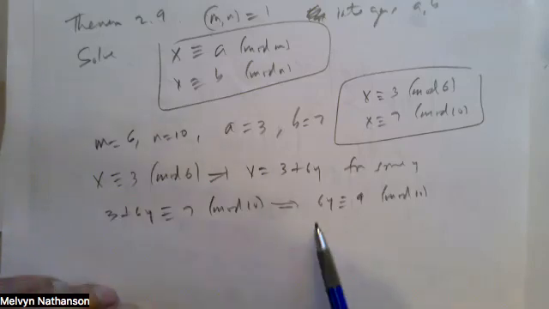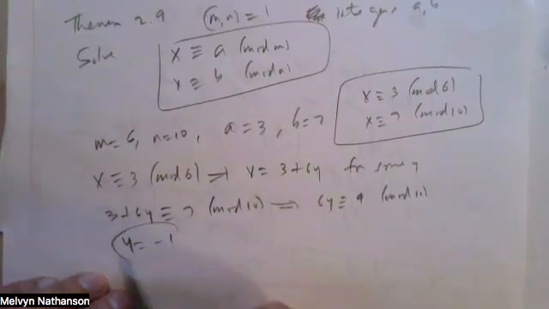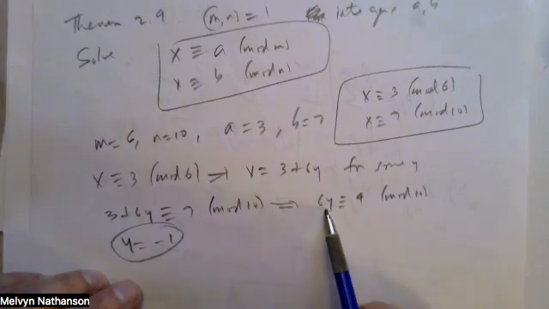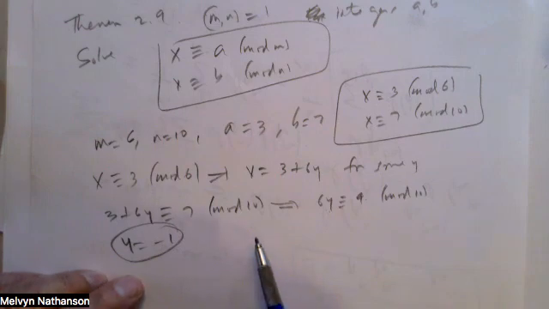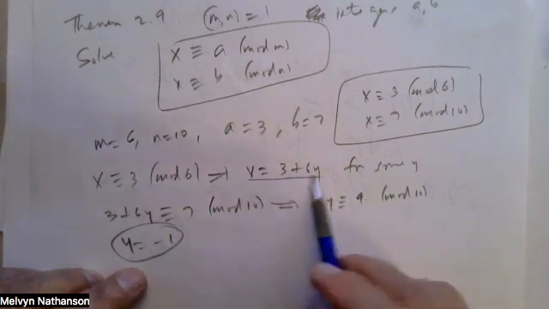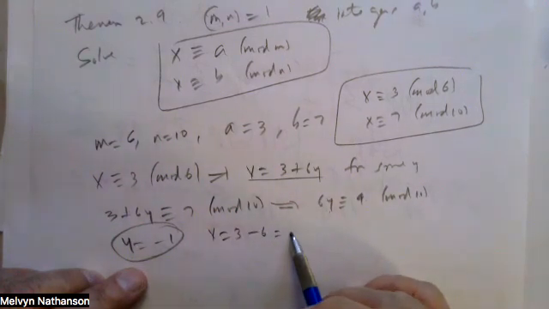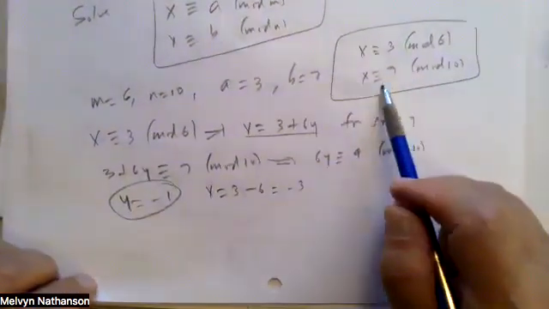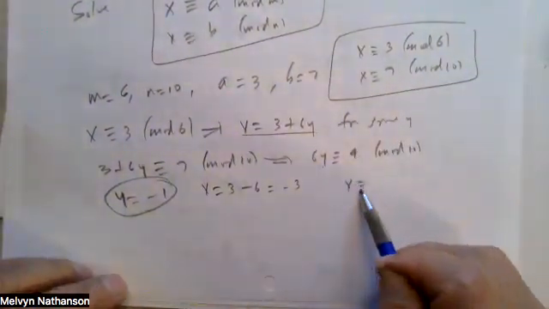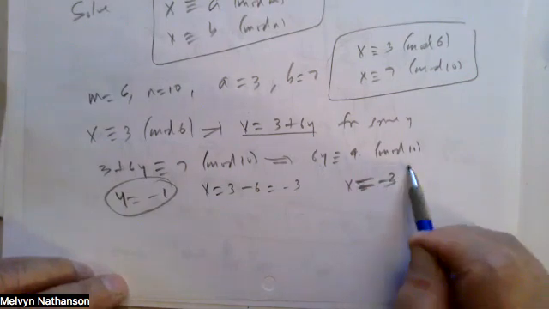And if I take y equal to minus 1, I get a solution because minus 6 minus 4 is minus 10. So one solution is if I take y equal to minus 1, and if y is equal to minus 1, x is 3 minus 6 or minus 3. So one solution of this pair of congruences is x equal to minus 3.